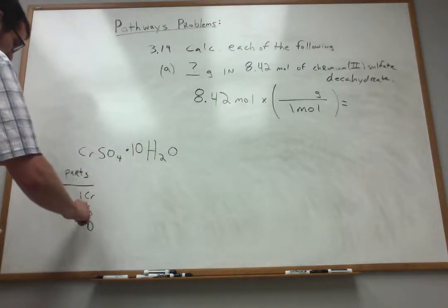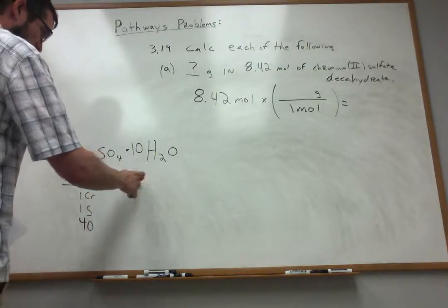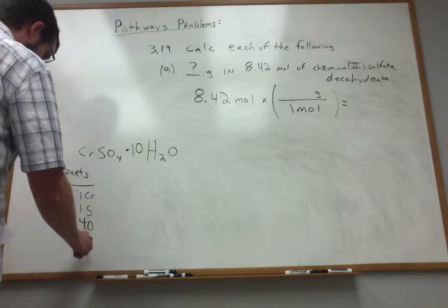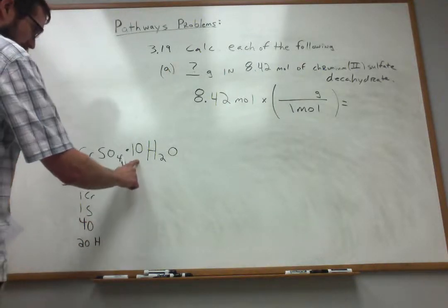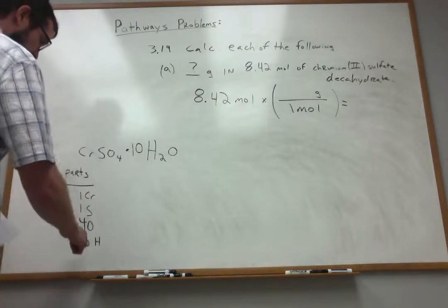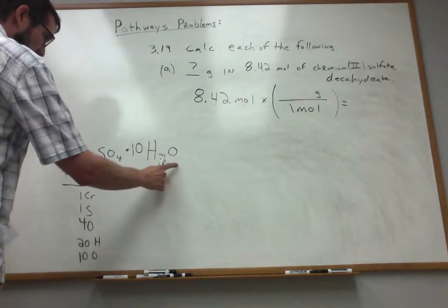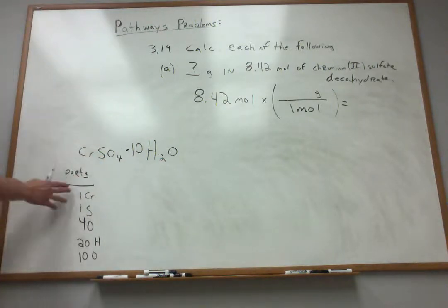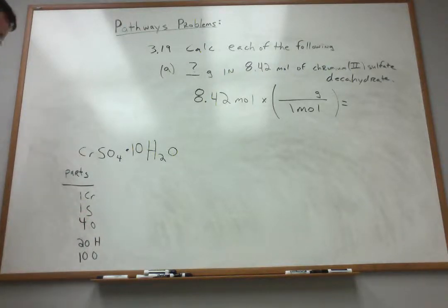But from the sulfate, I've got 4 moles of oxygen. It looks like from the water now, boy, I've got 20 moles of hydrogen, right? 10 times 2. And I've also got an additional 10 moles of oxygen. So these are all my parts that I have to add up, okay? This isn't 40, this is 4 oxygen, okay?